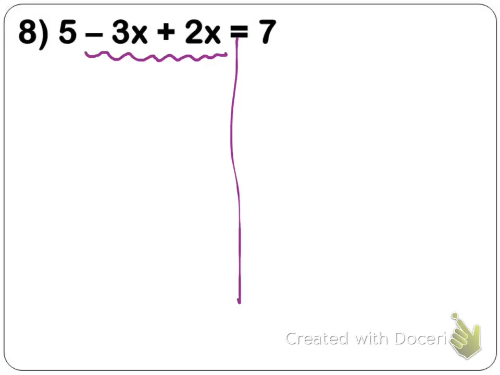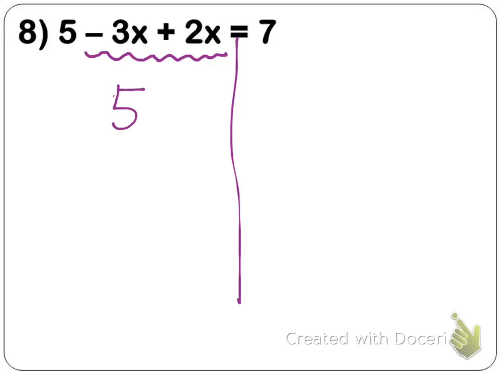Why is it like that? Well, they're on the same side of the equal sign, so I'm just going to combine like terms, like what we did on Thursday. And the 3x is negative, so it's negative 3x plus 2x. You would not get negative 5. The signs are different, so you subtract them, keep the sign of the larger number, it is negative 1.